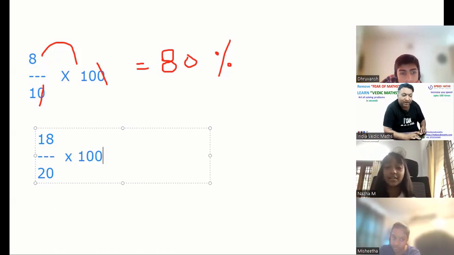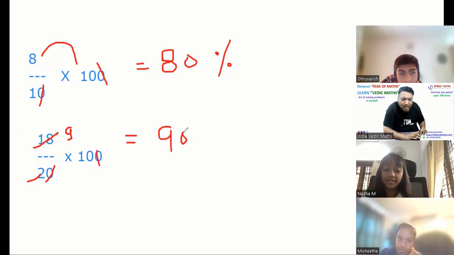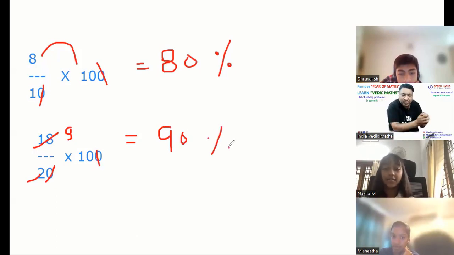We will multiply it with 100. Then we'll do a simple cancellation of 0 with 0. You can cancel 2 and 18 with 9, correct? Yes, sir. So what is 9 times 10? 90. 90%. So we learn two things. If percentage is given, divide by 100 to get the number. If number is given, multiply by 100 to get percentage.